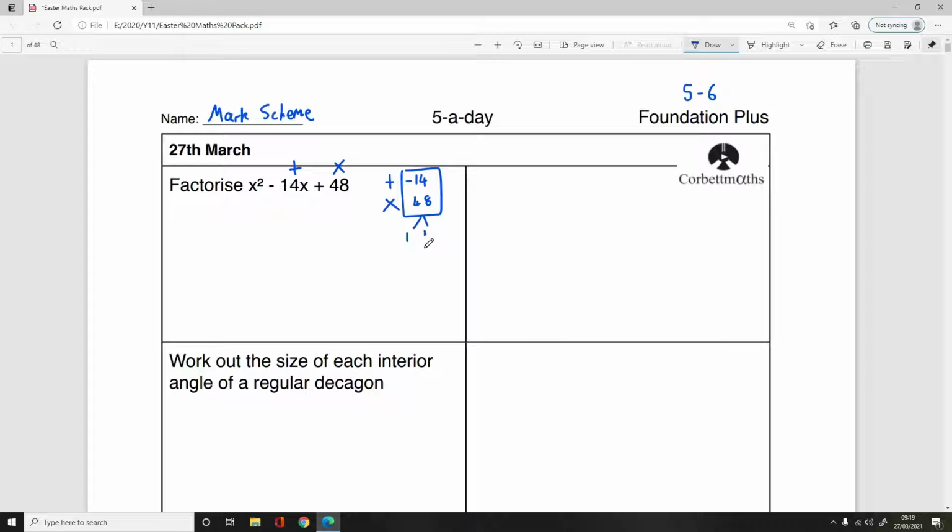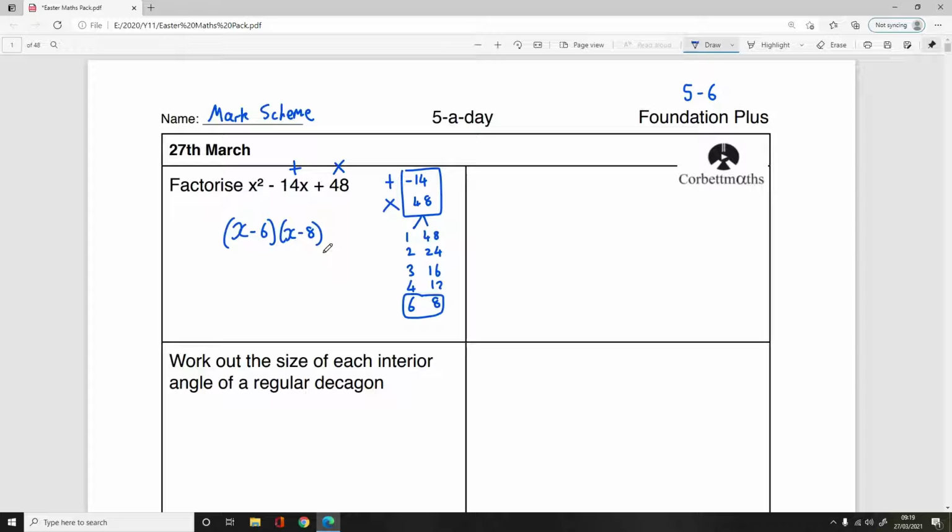That could be 1 and 48, it could be 2 and 24, 3 and 16, 4 and 12. And remember, we're trying to get an answer of minus 14 out of all this. The only combo there that looks like it'll get me is 6 and 8 if they were both negative. So the numbers are going to be minus 6 and minus 8, which means the factorisation is x minus 6 and x minus 8.